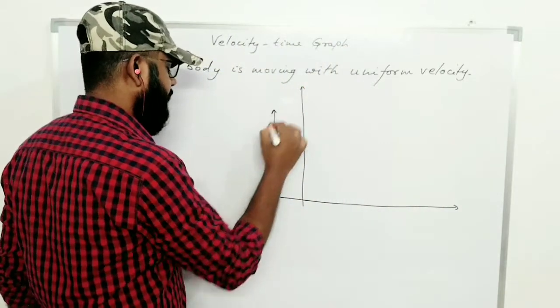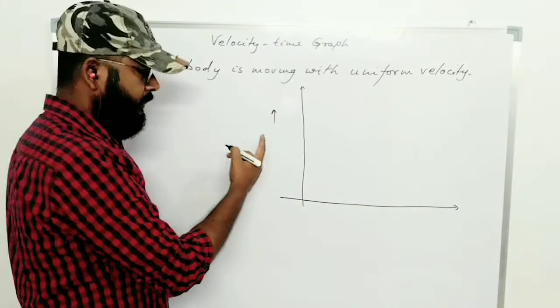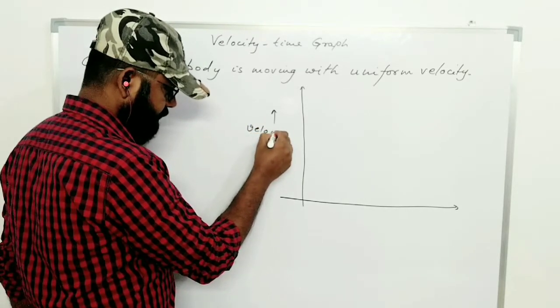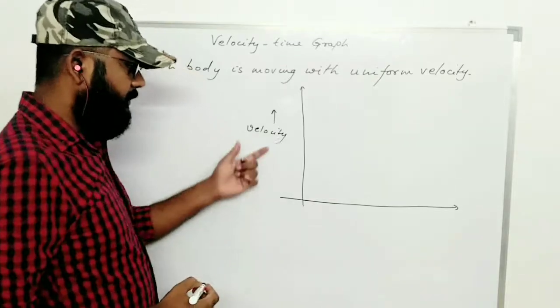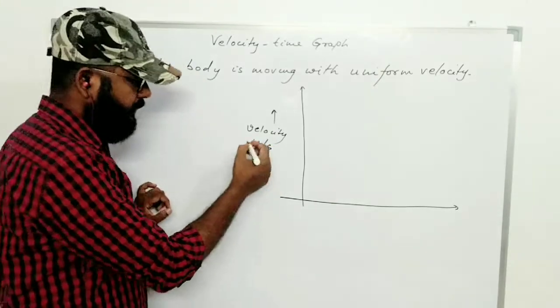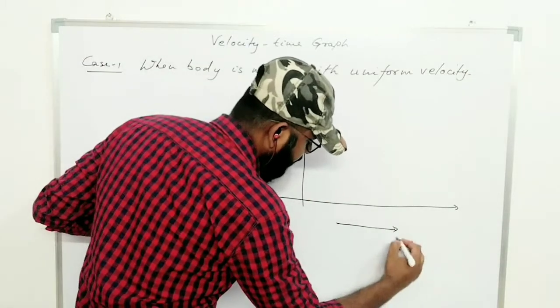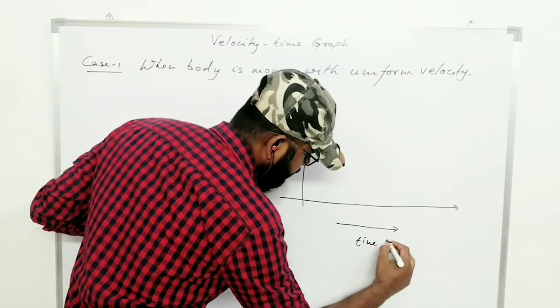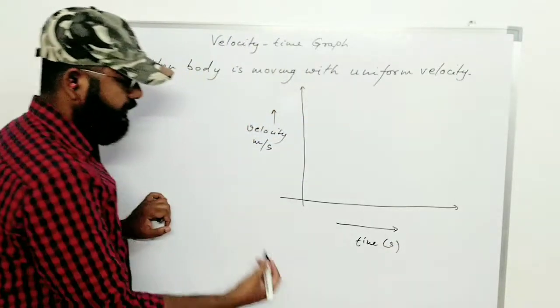Velocity here, already told. The dependent variable is velocity, and the independent variable is time, in seconds.